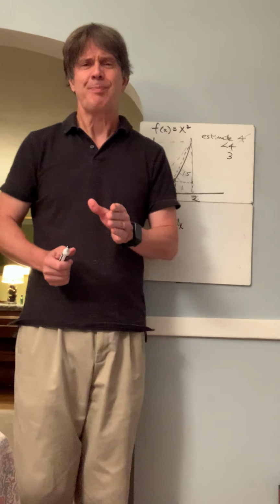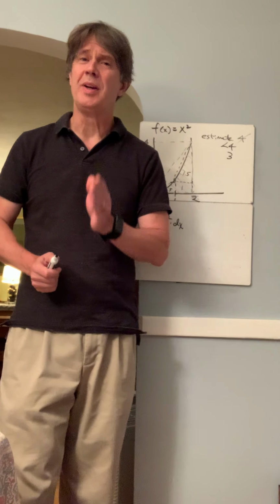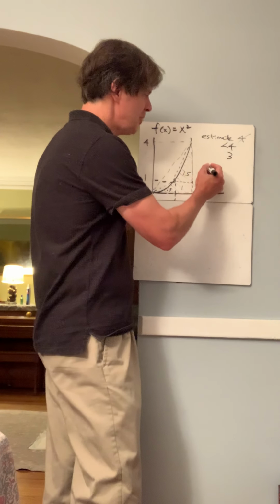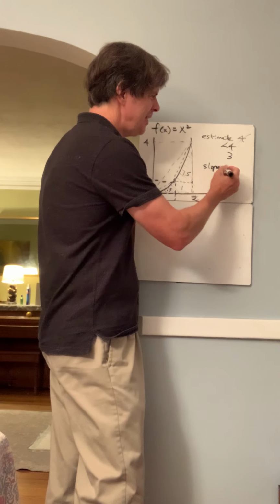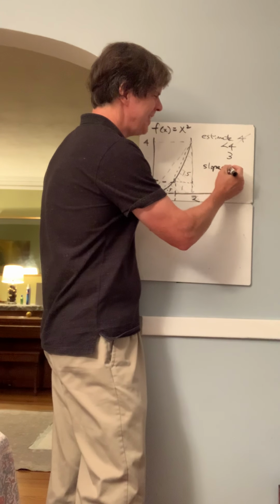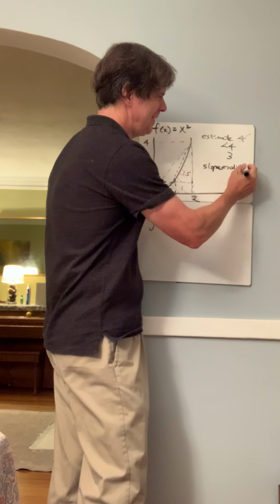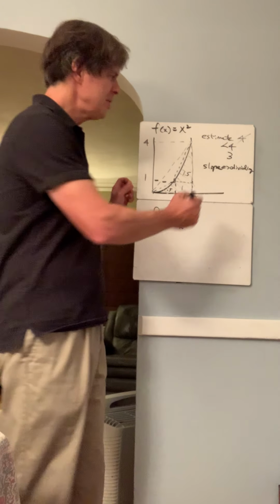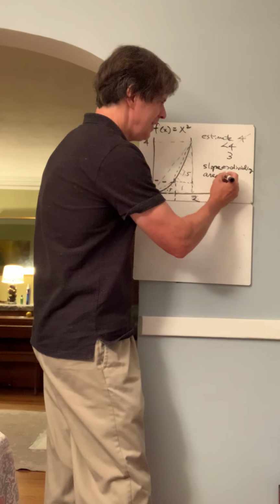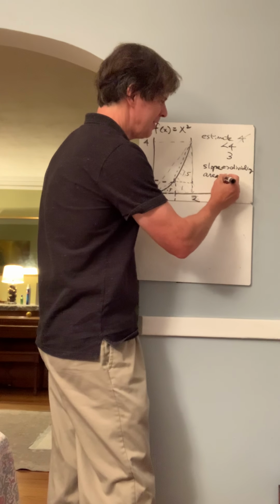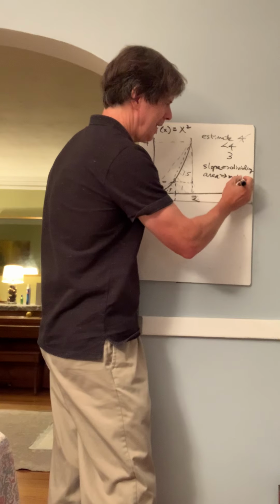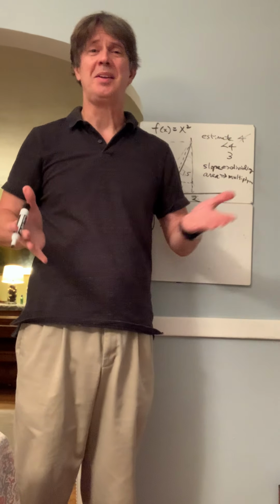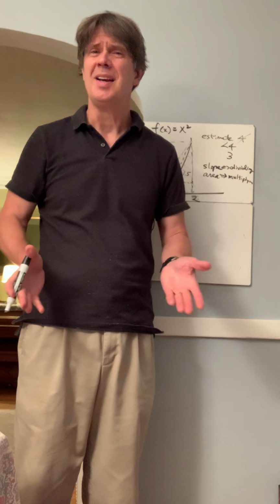So here's the deal. Notice that taking a derivative is finding a slope. And taking a slope is kind of like dividing, because you divide the rise by the run. Notice that an area is like multiplying, because you're multiplying this times this. To get the area of a rectangle, you multiply the base times the height.